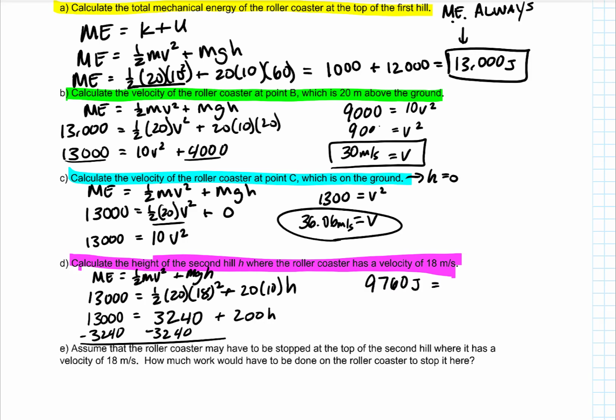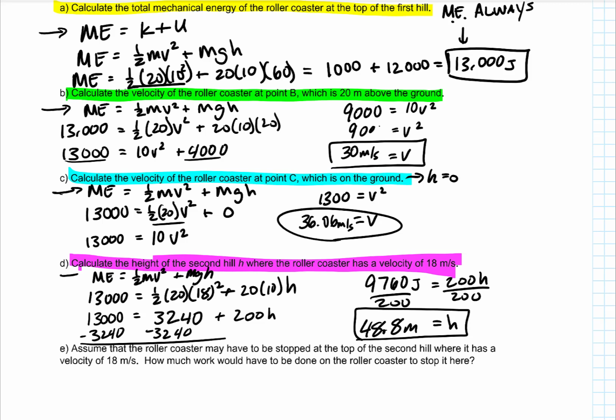So that's equal to mgh, which is 200h. Divide both sides by 200. And that height comes out to be 48.8 meters. So with this, we were just using mechanical energy as kinetic energy plus potential energy the whole time.